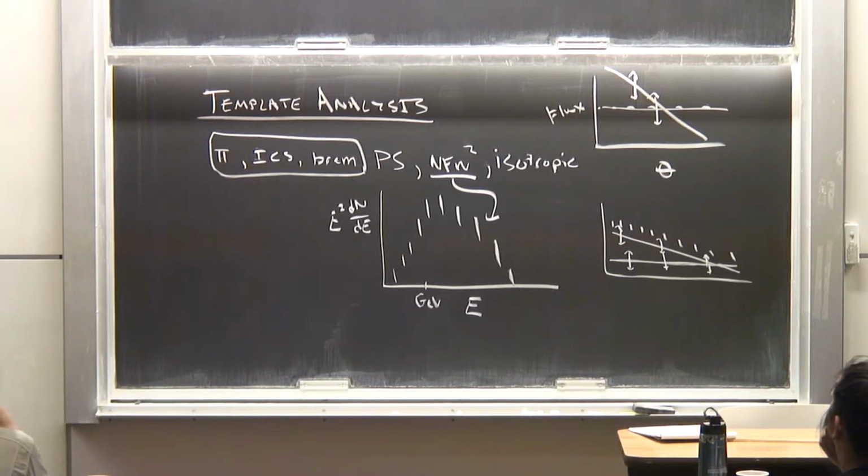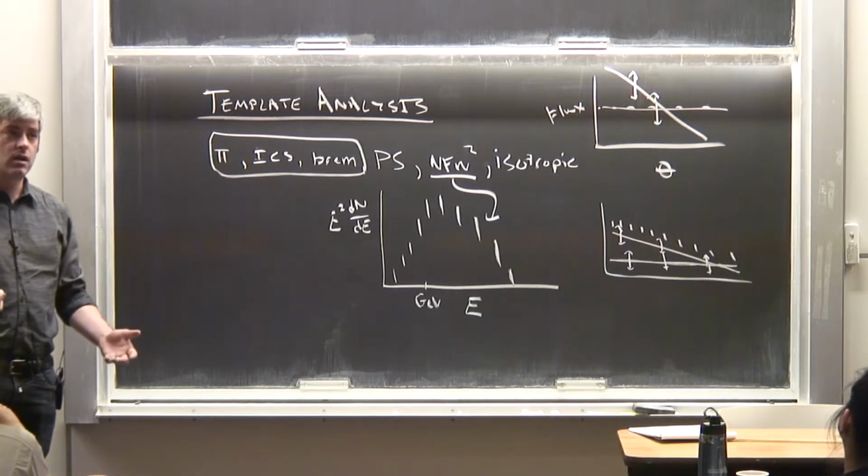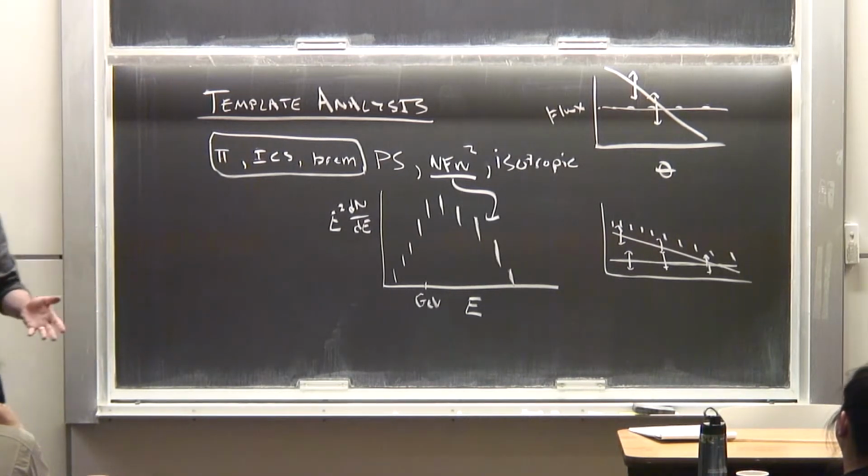So there are lots of different ways one can do this. Some people do global fits, where they assume not only things about morphological templates, but things about the spectral nature of the templates. But the point I'm trying to make is these groups have done these things with a variety of different techniques, and they all reach the same conclusion, making me not very worried about the large-scale features of the excess.